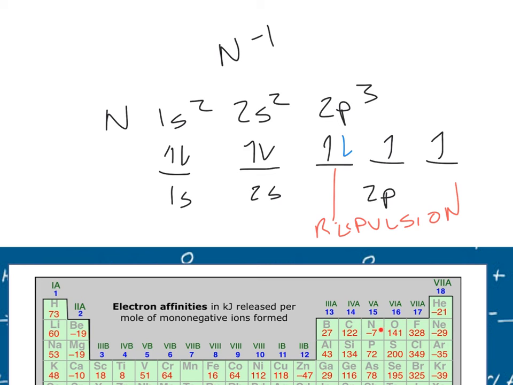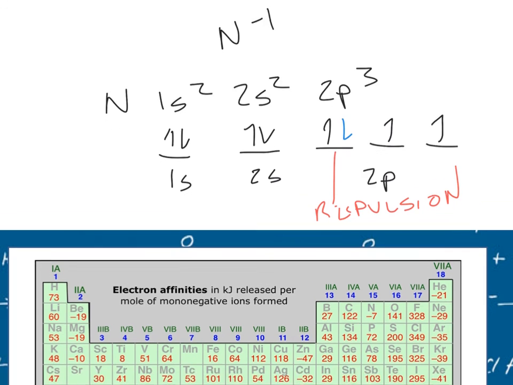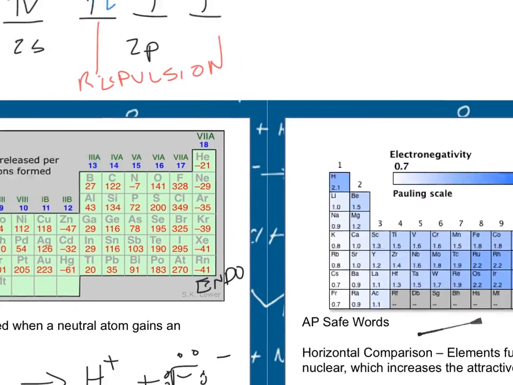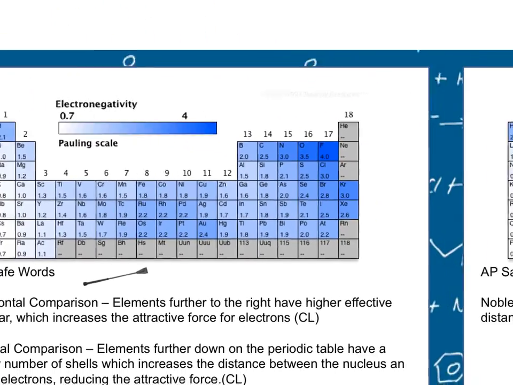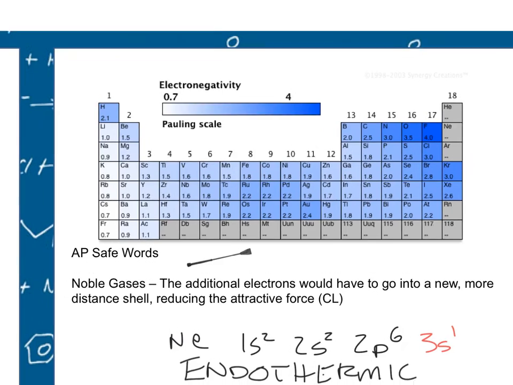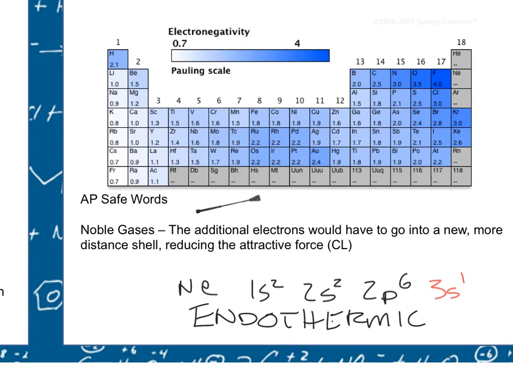So if you happen to be asked about one of these that aren't noble gases, that would be it. I highly, highly doubt that you would have to do that. What I would anticipate is that you would have to talk about a noble gas's electron affinity or a noble gas's electronegativity, and you're going to answer that by saying that the added electron would be going into a newer, higher shell.